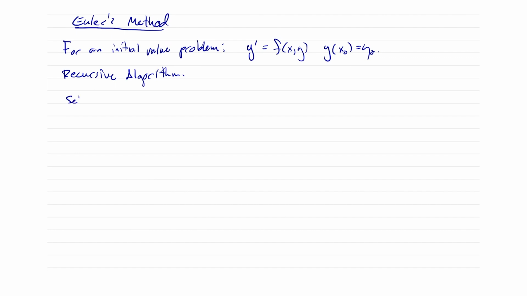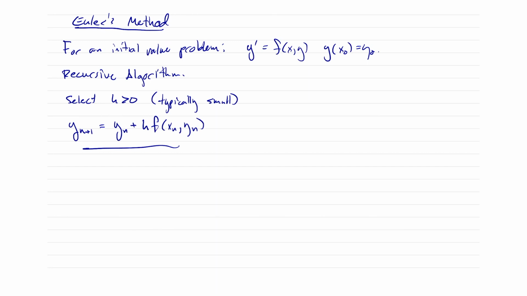First we select an h bigger than 0, typically small. And then for each yn, we can get yn plus 1 as yn plus h times f of xn, yn. And that's what we get. It's not too bad.